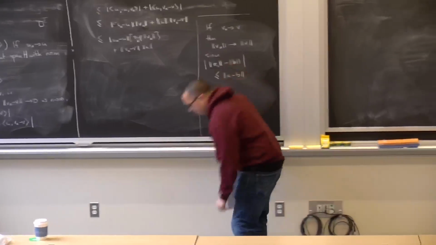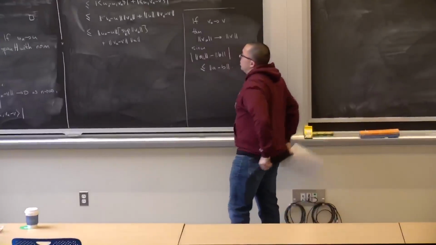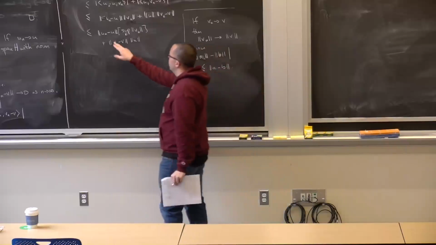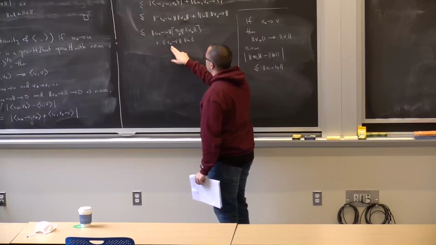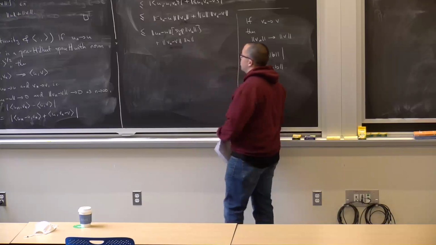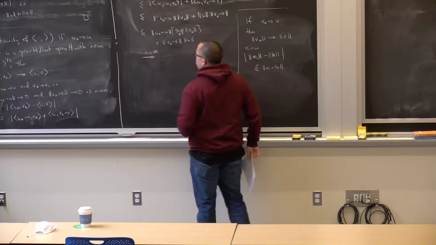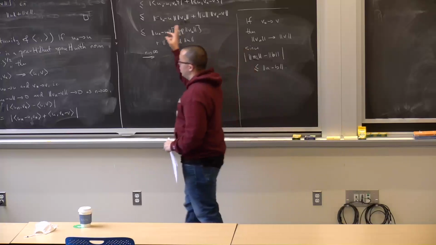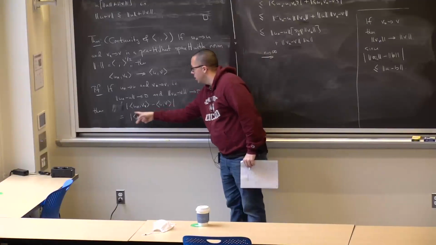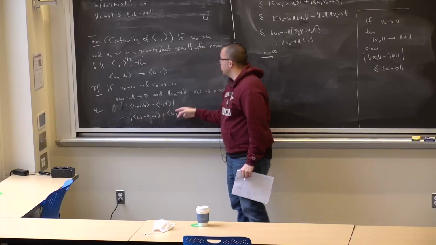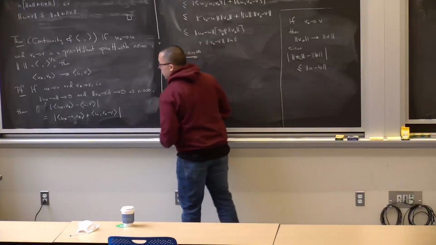Now, this is something converging to 0 times a fixed number. This is something converging to 0 times a fixed number. And therefore, this goes to 0 as n goes to infinity. And therefore, the thing which we started with, this quantity here, an absolute value, is less than or equal to something converging to 0, and it's also non-negative.